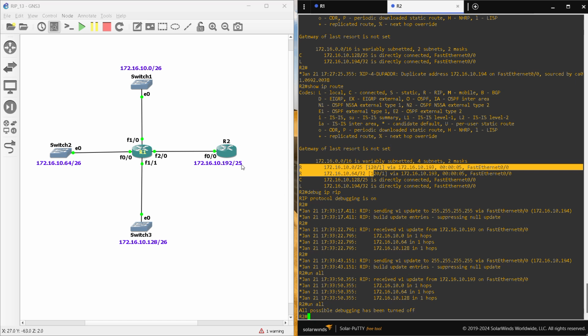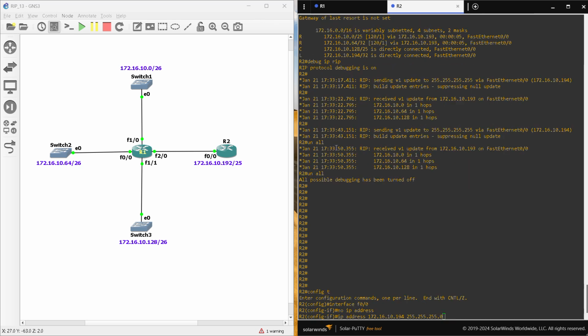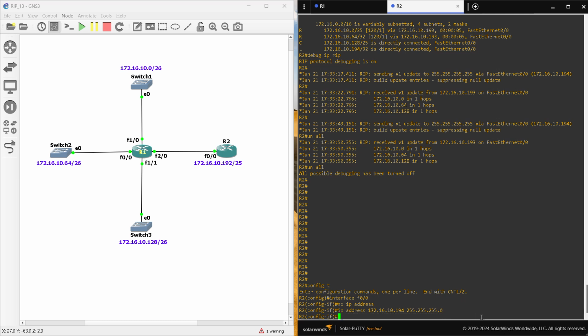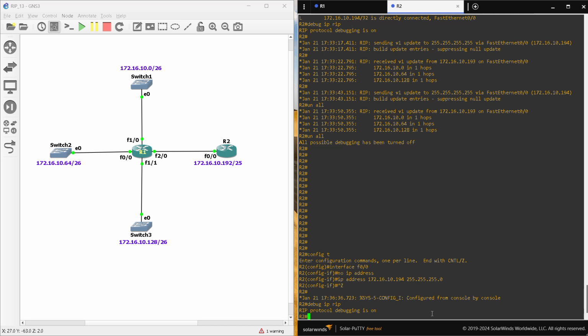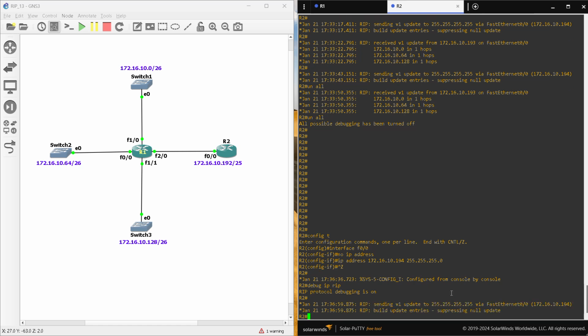Now let's make the subnet mask 255.255.255.0, and let's see the magic of what happens. Before show ip route, let's see debug ip rip.